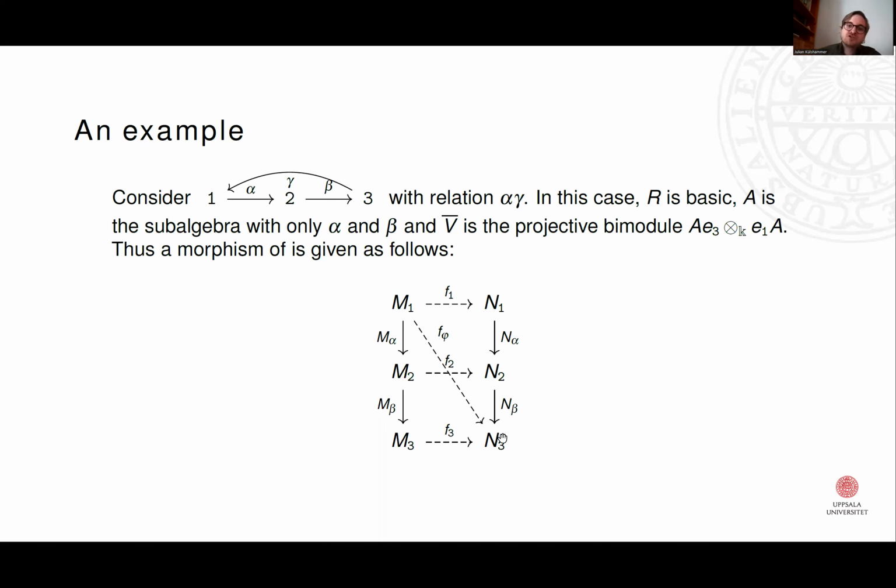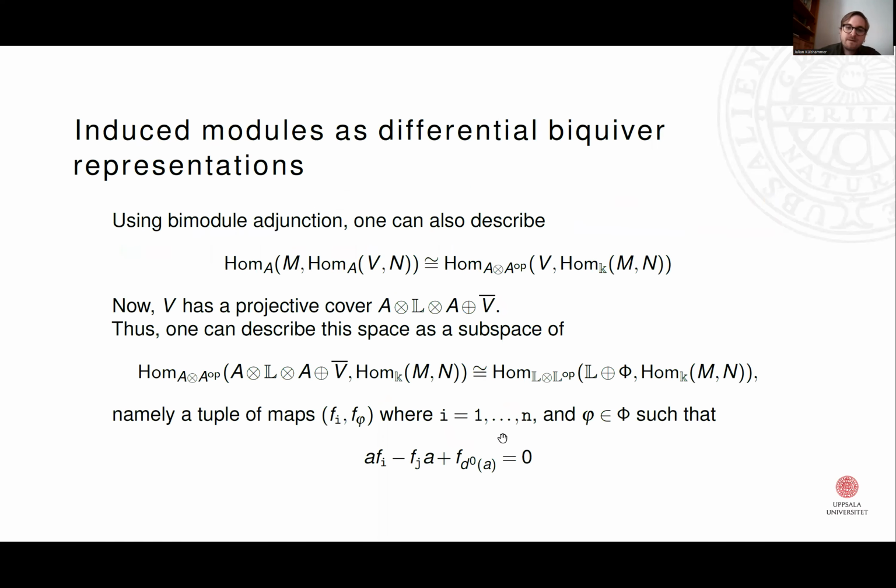And now there's a commutation rule. This commutation rule is this one, right? So A Fi minus Fj A plus F d0 of A is equal to 0. So in the usual quiver representation world, this correction term here does not appear. So it's just the commutation relation, A Fi minus Fj A is equal to 0. That's the rule we're all familiar with, right?